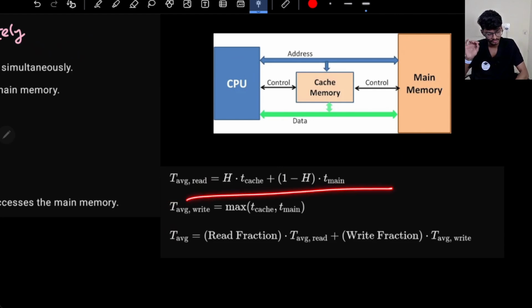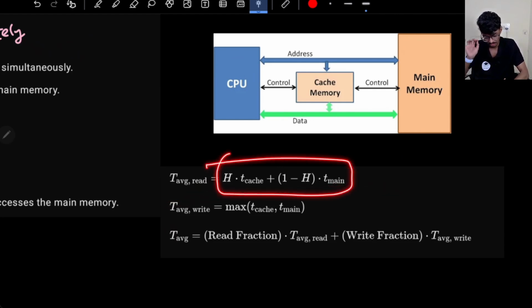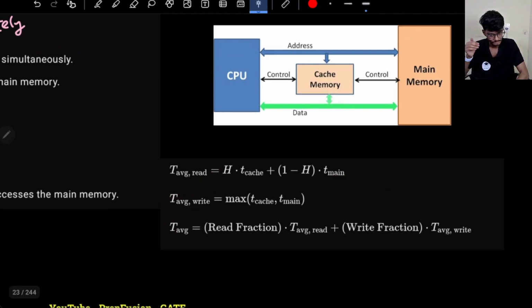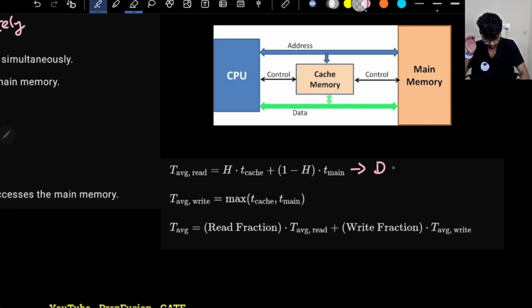Whatever the previous average read time was, that is the same here. Read time does not change.